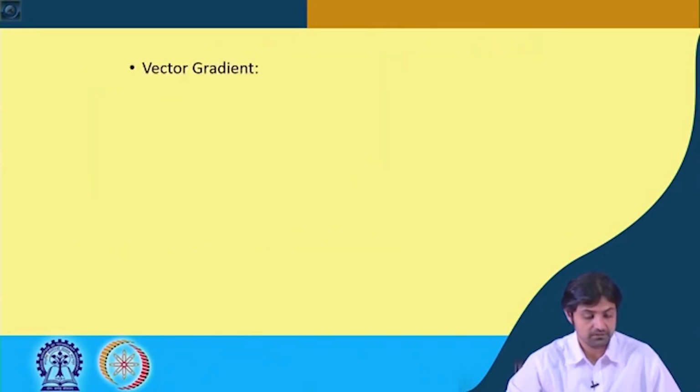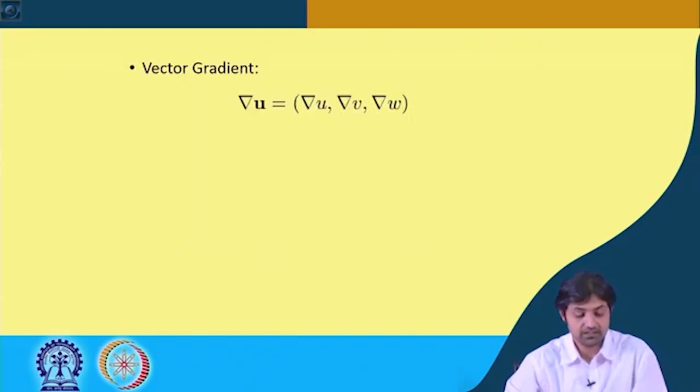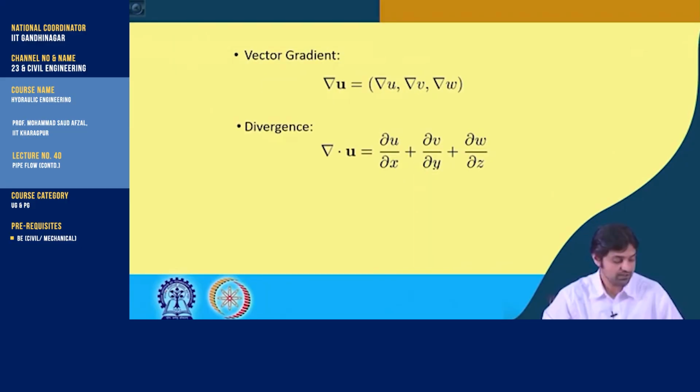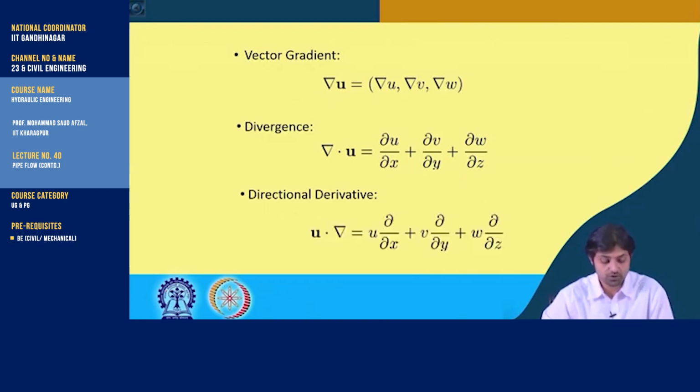All right. There is a vector gradient, that is del u, del v, del w. There is a divergence operator, that is del dot u, that gives del u del x, del v del y, and del w del z. These are all basic mathematical equations that you know from before. There is one directional derivative, that u dot del, it becomes u del del x plus v del del y and w del del z. All right.